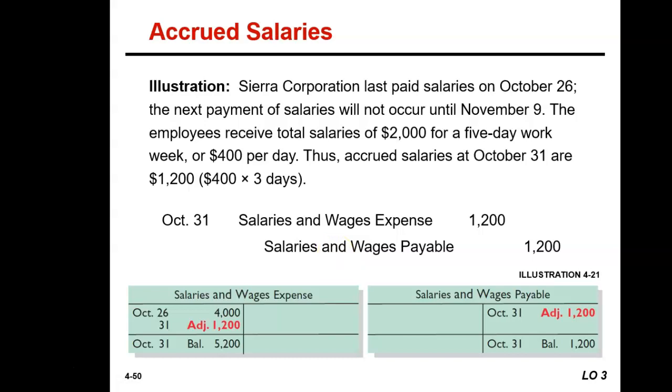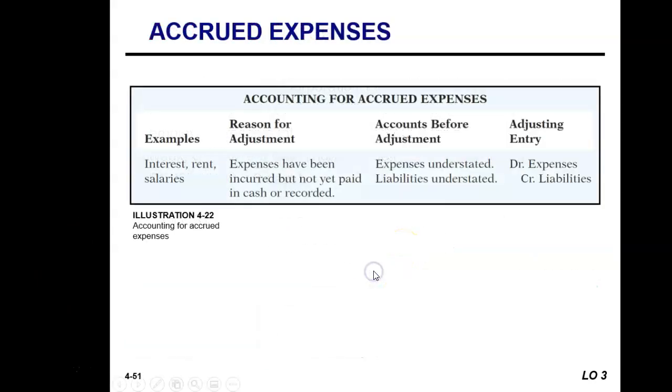The adjustment is to recognize the expense for the last 3 days of October, and because we still owe for it, recognize a payable account in the amount of $1,200. But once again, when making the adjusting entry, it either increases a revenue account or an expense account. It consists of one account from the income statement and one account from the balance sheet.